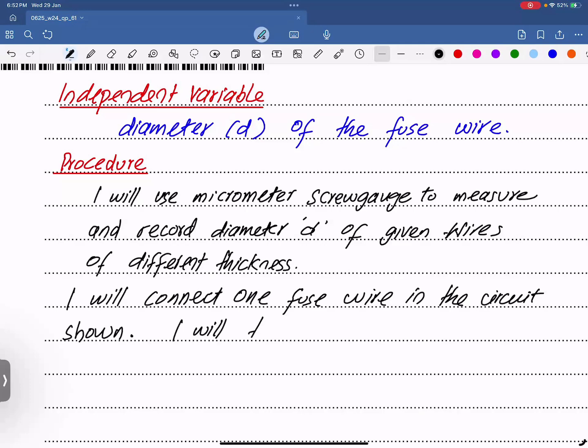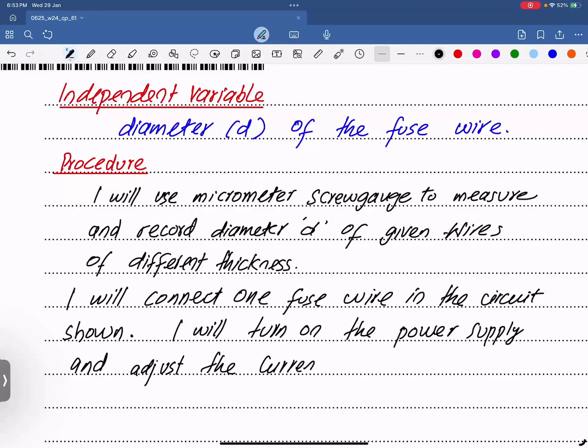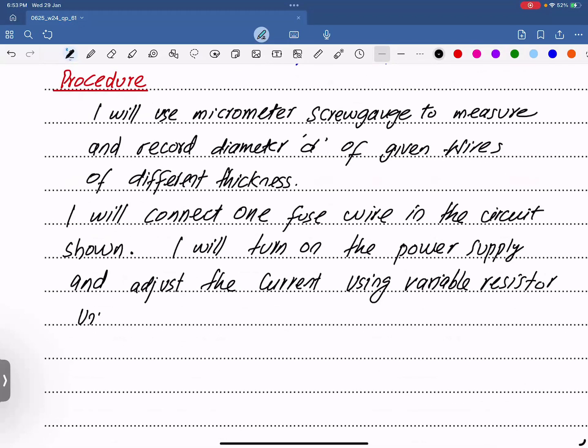I will turn on the power supply and increase or adjust the current using variable resistor until wire melts.